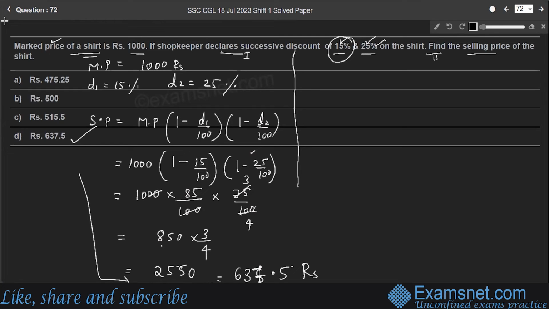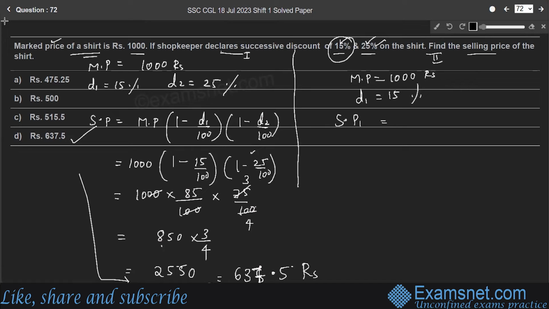Another method, the second method: we consider the marked price 1000 rupees. Initial marked price is 1000 rupees, and the first discount D1 is 15%. Now the first selling price: when 15% discount is given on 100 rupees, the selling price becomes 85 rupees.